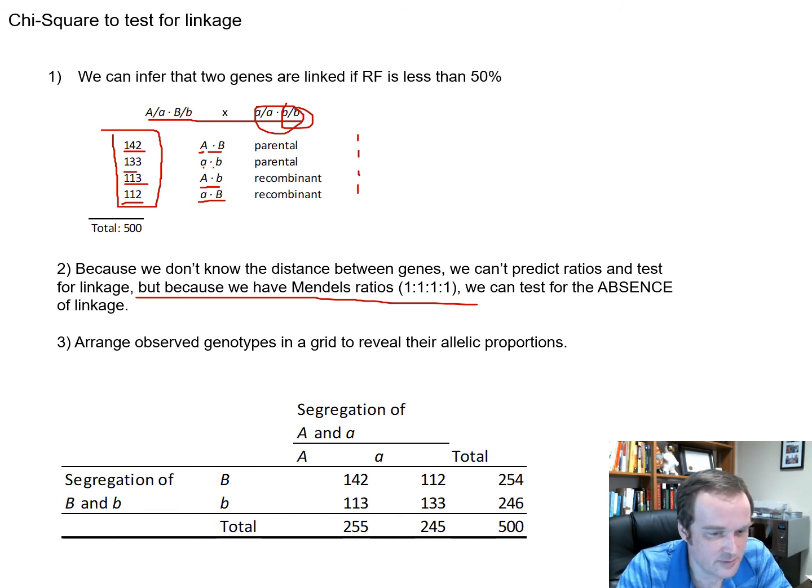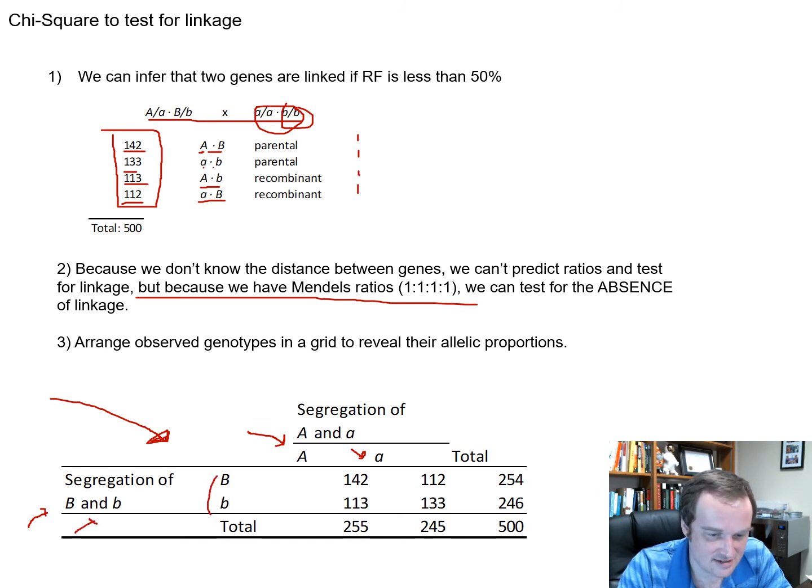So what we can do from that is we can set up this table, and we can look at the segregation of those alleles individually. And so what we have on the top is big A and little a, and on the side, we have big B and little b.